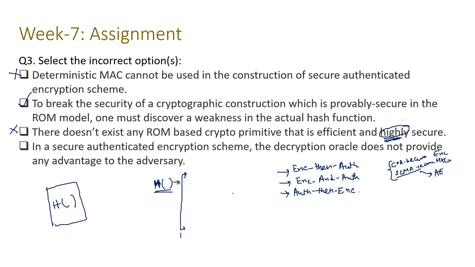But as I already mentioned, not all hash functions are suitable for that. You have to have a very rigorous check on the hash function, whether it is suitable to be used as a random oracle.